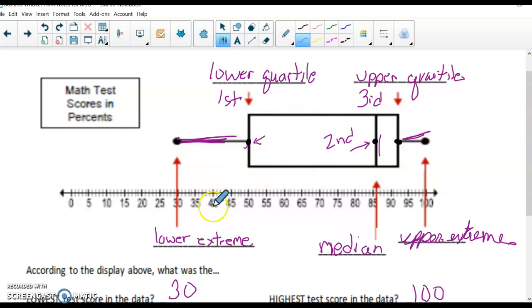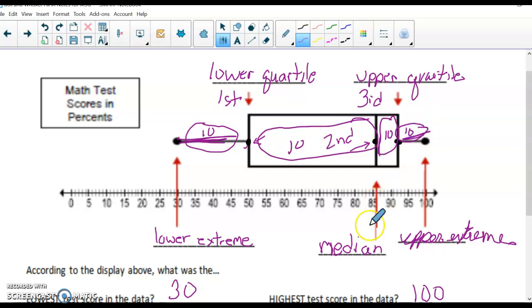Okay, so let's say that I had 40 pieces of data. That would mean that there were 10 data points here, 10 data points here, 10 data points in here, and 10 data points in here.